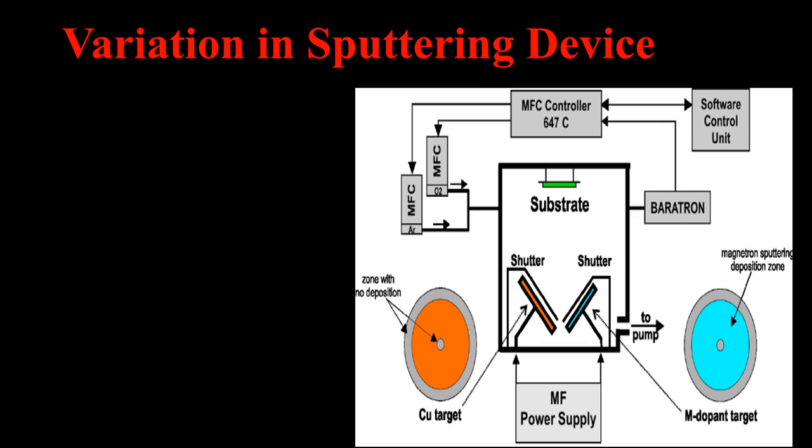But we can also control the deposition of each of the source materials, okay, by shutter. Let's say if you want to deposit this material, then in the complex system the other material is covered with the shutter, and this material gets evaporated. If you want to evaporate the other material, then we will cover the other sputtering materials with a shutter, and this source material gets evaporated by the argon ions and deposited onto a substrate.